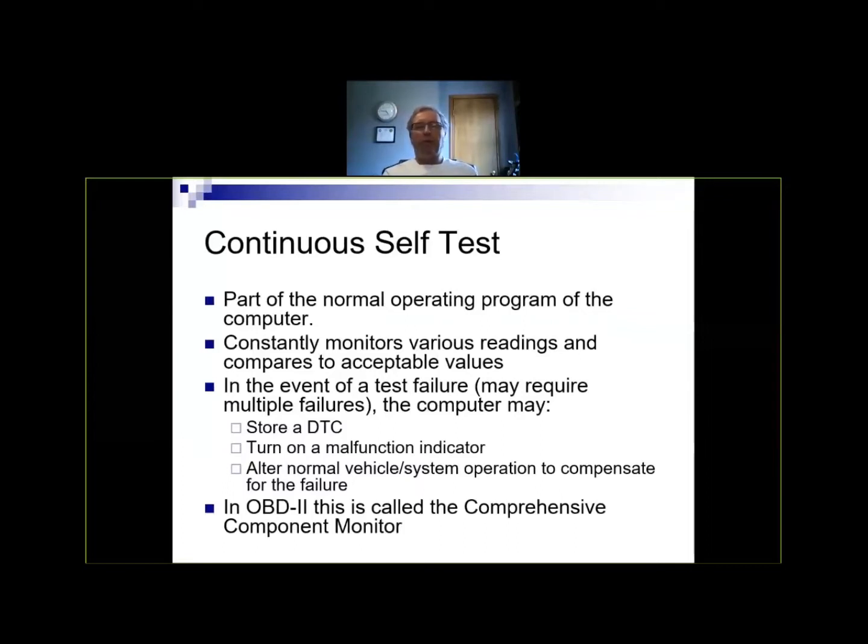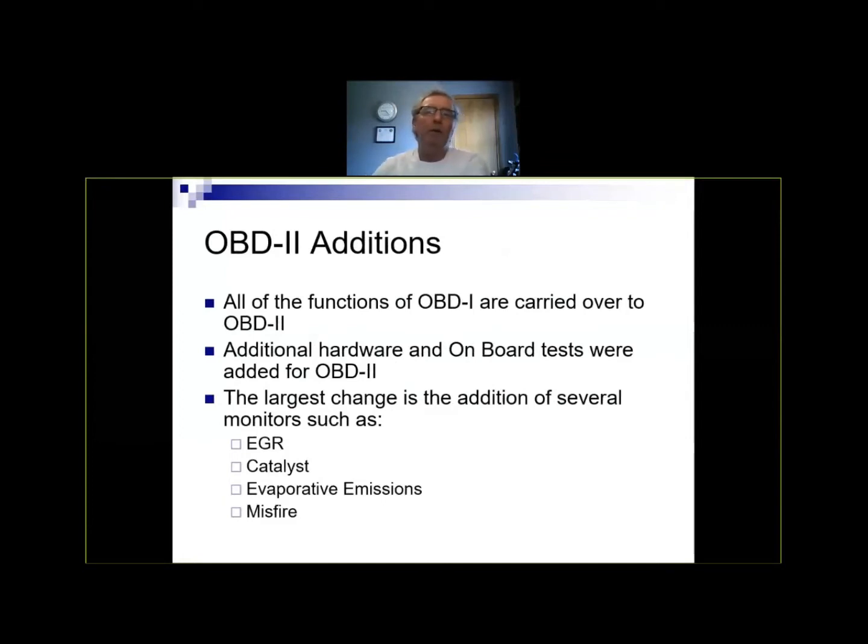We had been talking about OBD1 sort of things, older stuff pre-96. Now we're going to move on and talk about OBD2 additions. These are things that came along when OBD2 came along. All the tests that we had in OBD1 are carried over to OBD2. So all of the actual failure tests are still there, but then additional hardware and software were added for OBD2.